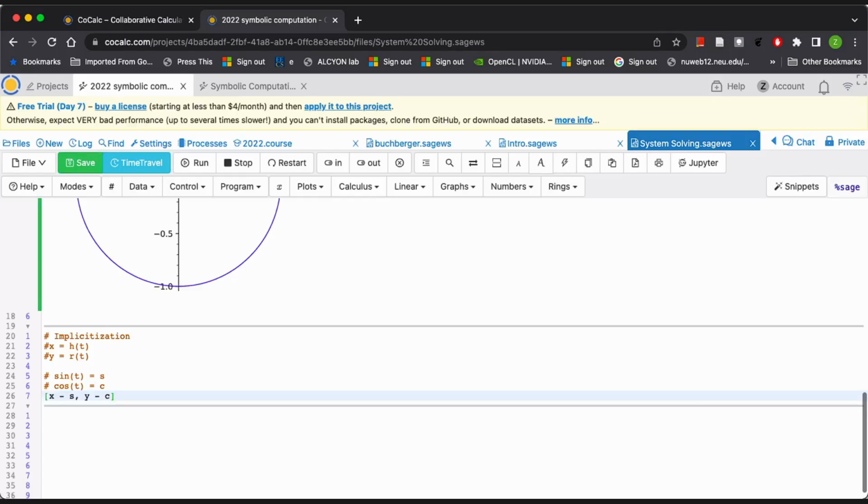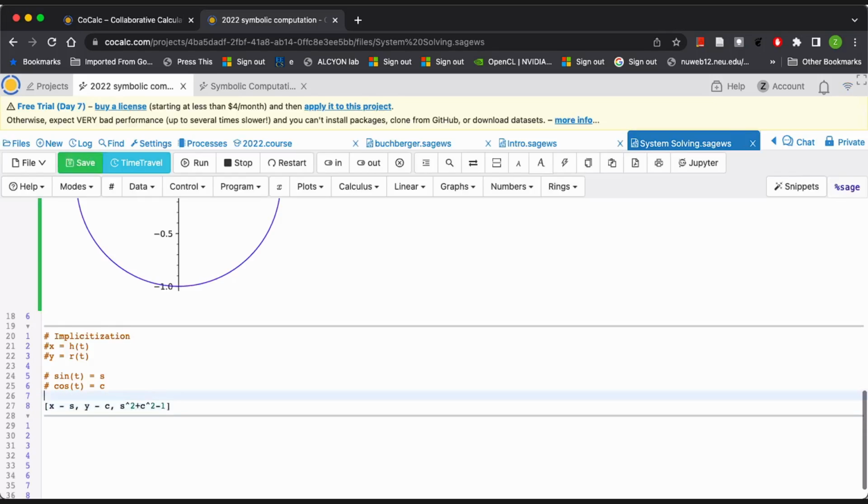Right? Yes? But we need a restriction. I mean, s square plus c square is equal to 1. We have to add it to parameterize this one. So s square plus c square equals 1 means this, right? Yes.